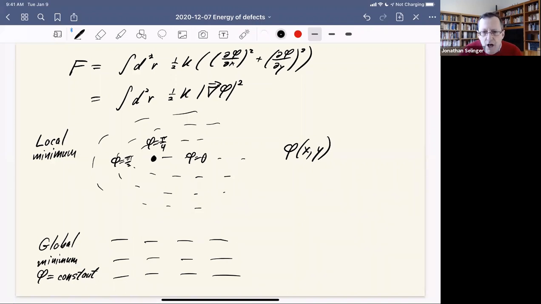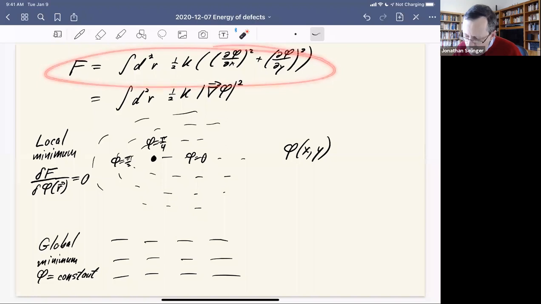A local minimum, like any other minimum, like a global minimum, is a state where the functional derivative of F with respect to phi of r is equal to 0. So we need to calculate the functional derivative of this function up here with respect to phi at some position.